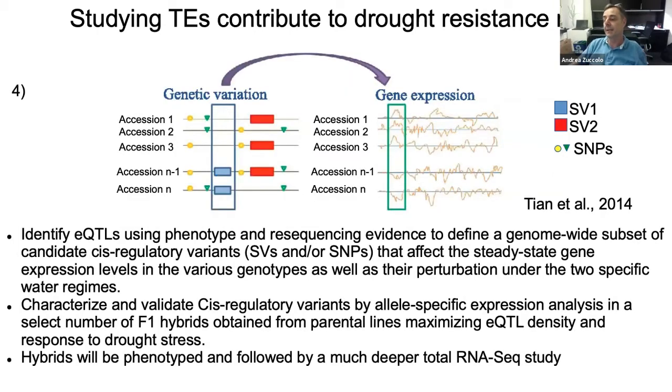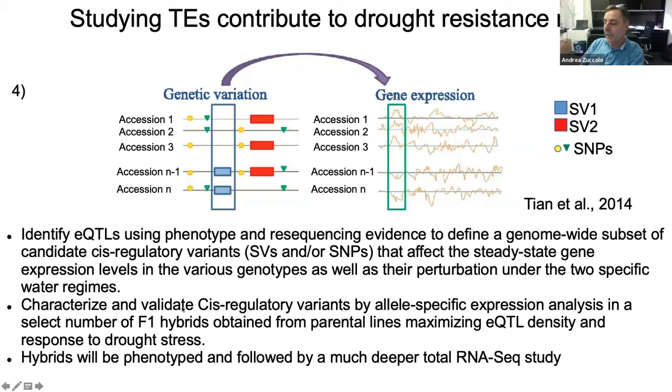Then, finally, we will use all SVs, phenotypic data, transcriptome data, and genomic data to identify the eQTLs, okay? And they will indicate likely cis-regulatory variants that affect the steady state gene expression level in different genotypes and their perturbation under 2 specific water regimes.